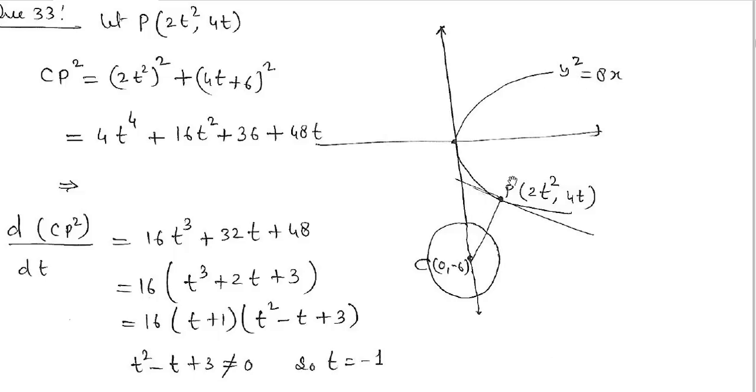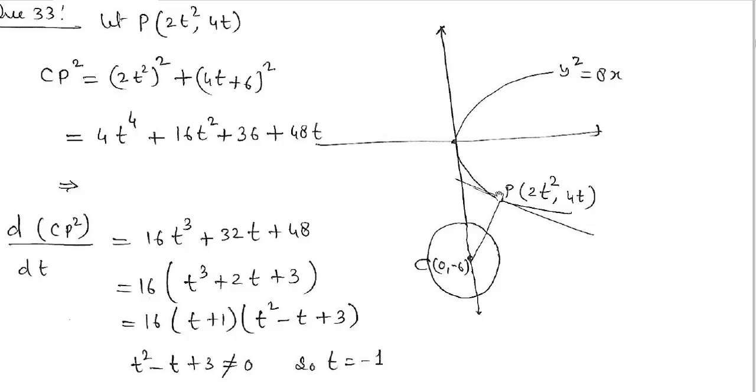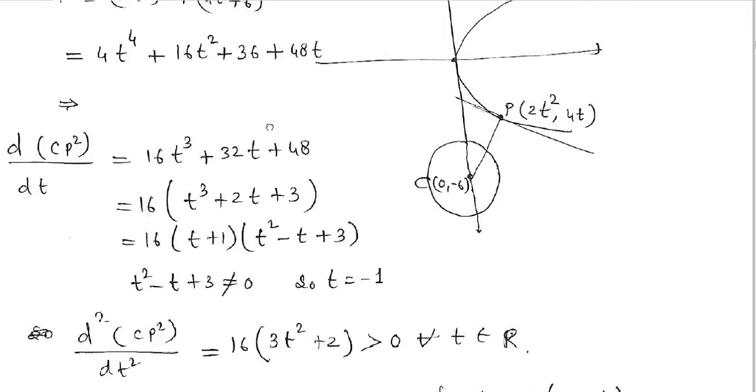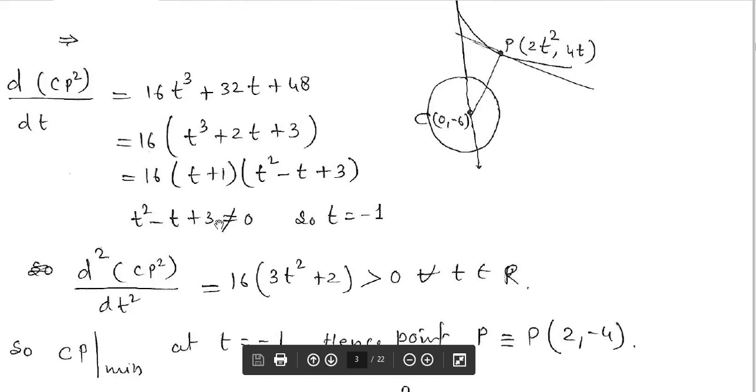Since point P is at shortest distance, minimizing CP is the same as minimizing CP square, so we have just calculated CP square. Now for minimization, we take the differentiation with respect to t, since CP square is a function of t, and we are getting this expression.